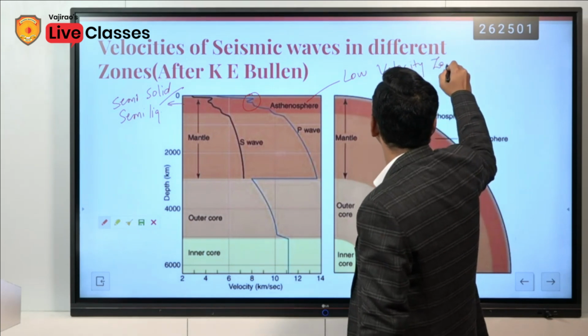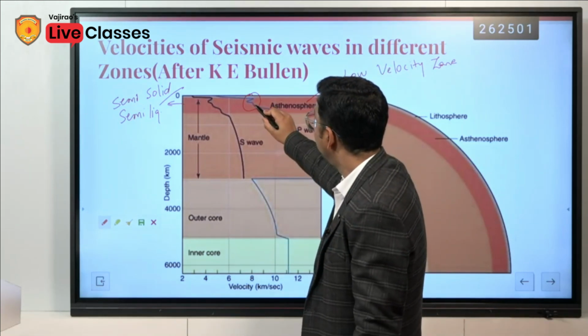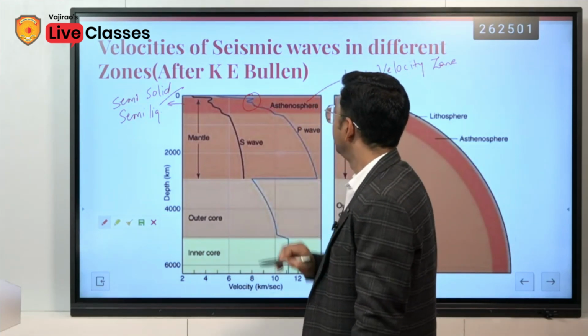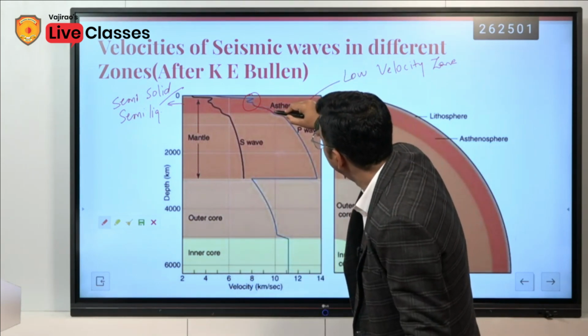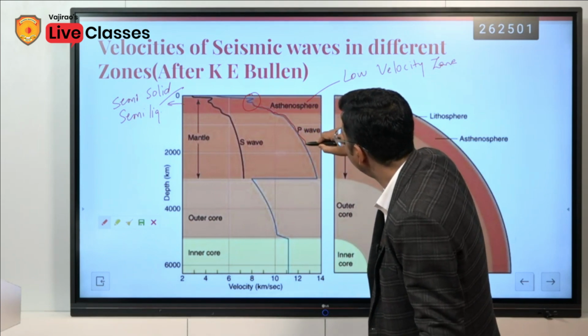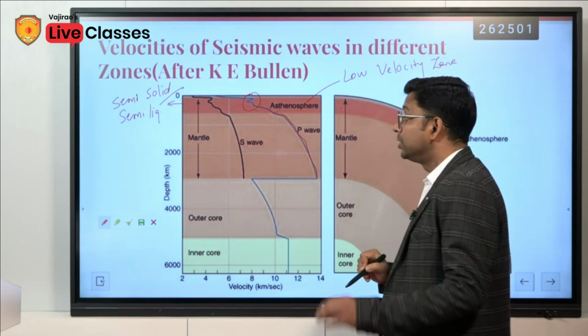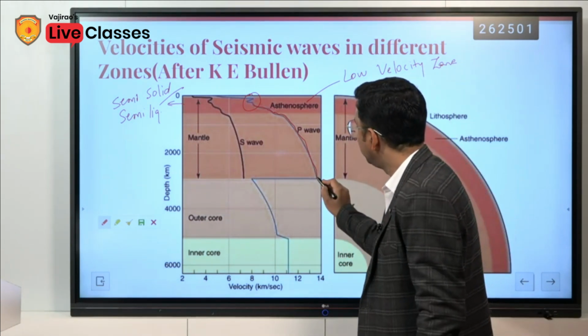Still, the P waves manage to cross this. As soon as they come out of this zone, the speed again starts increasing, like taking off again.